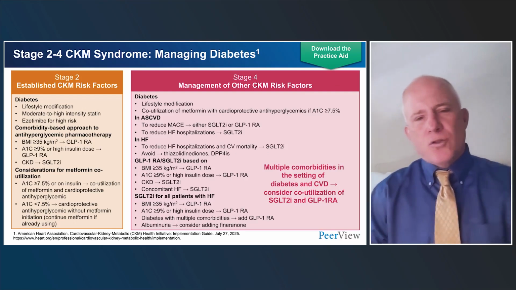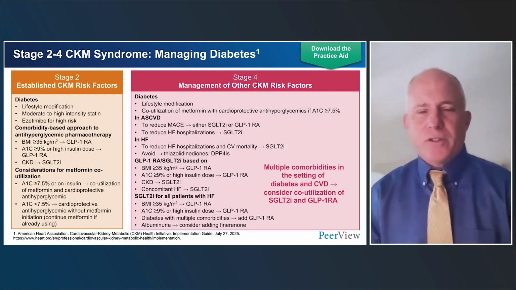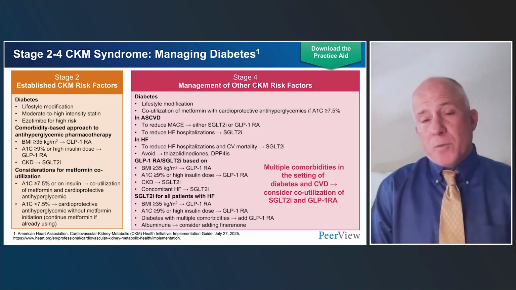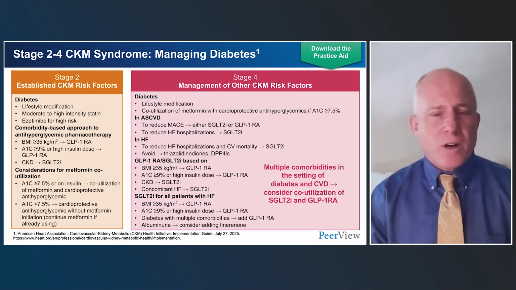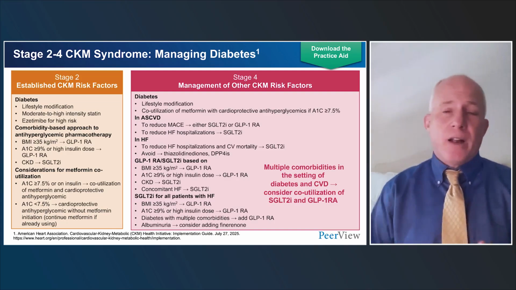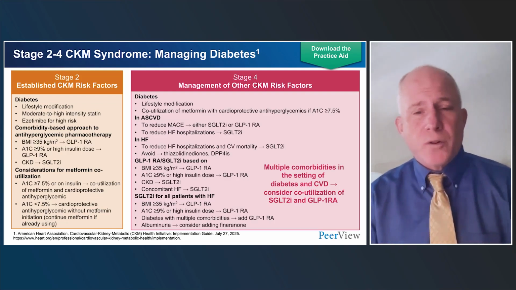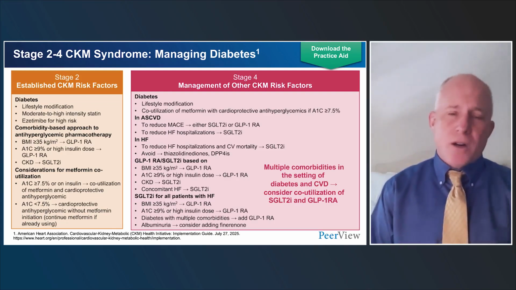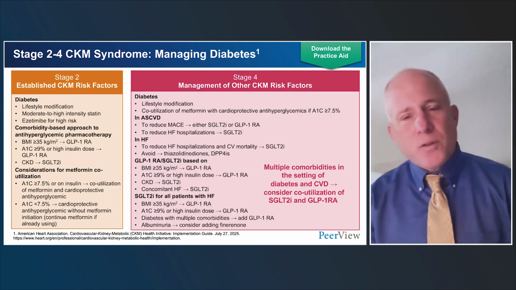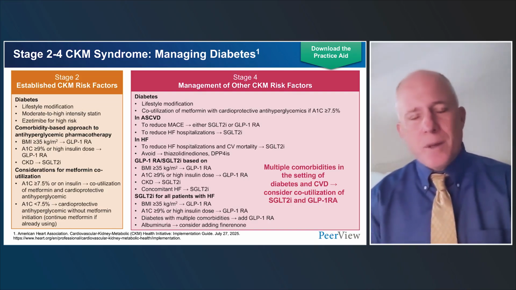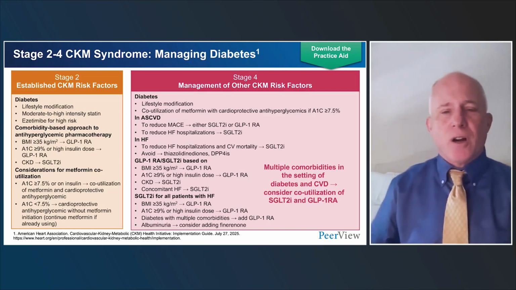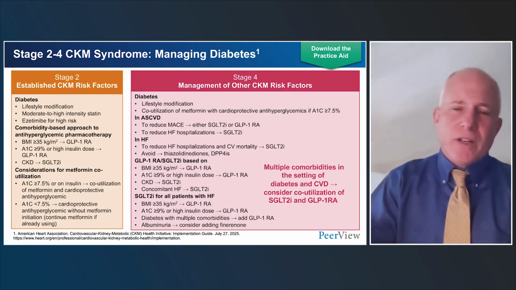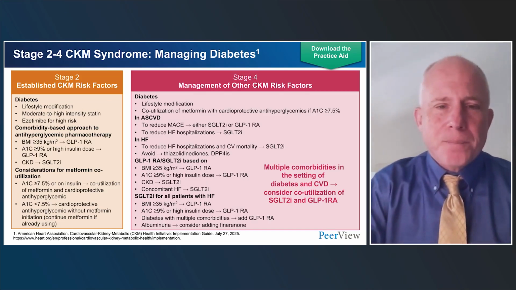So you're going to see a stronger emphasis on the use of SGLT2 inhibitors, particularly for those patients with chronic kidney disease, heart failure, or atherosclerotic heart disease. And you're going to see an emphasis of the use of GLP-1 or twin incretins in those patients with heart disease, metabolic associated steatotic liver disease, obesity, and emerging now in the CKD and potential heart failure space. So these agents are going to give you multiple benefit.